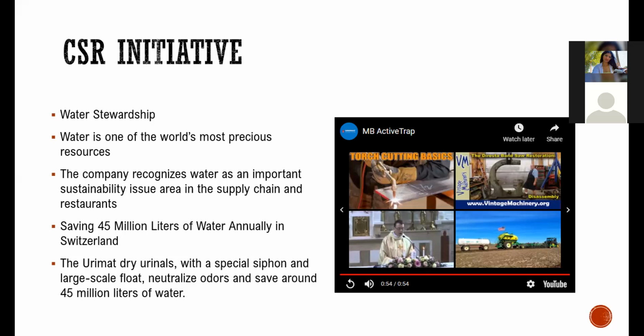They are saving around 45 million liters annually. And in this process, the Urimat urinals with a special sponge and large scale float neutralize odors and save many liters of water.